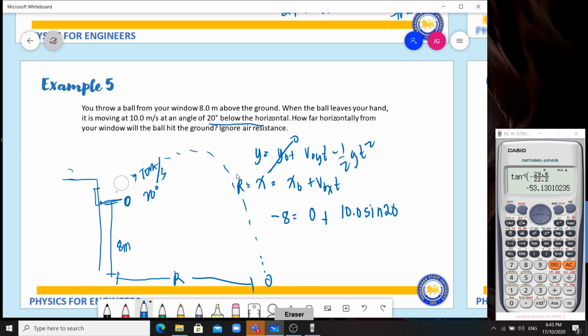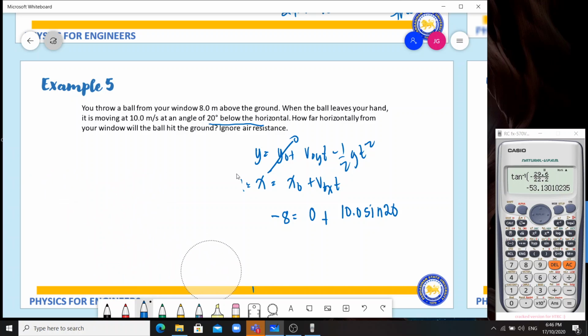So, mali pala yung aking direction dito. Kung ito si window, 20 degrees below the horizontal ka nagtapon. Pag ganyan pala yung tapon mo, mali pala tong drawing natin. Ulitin natin si drawing.